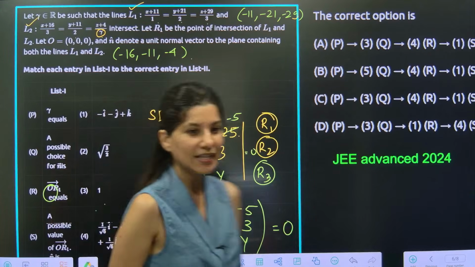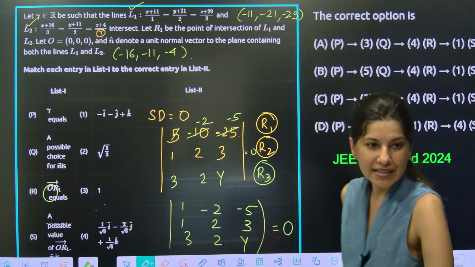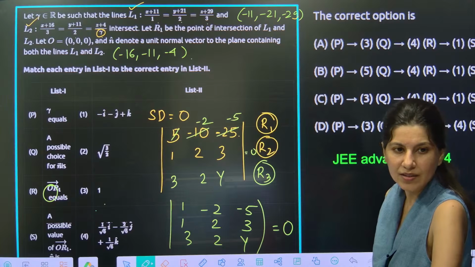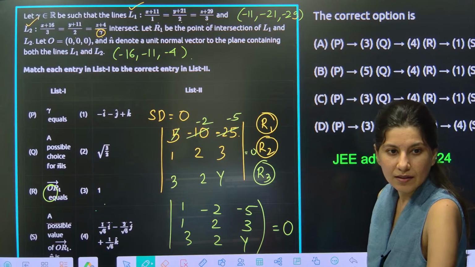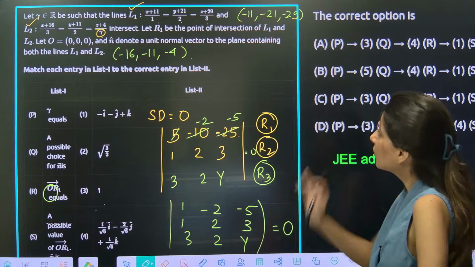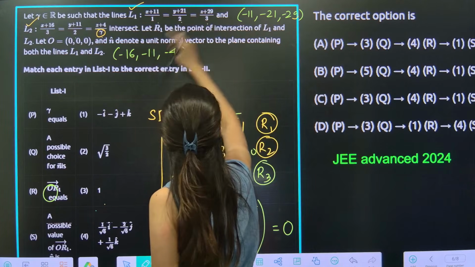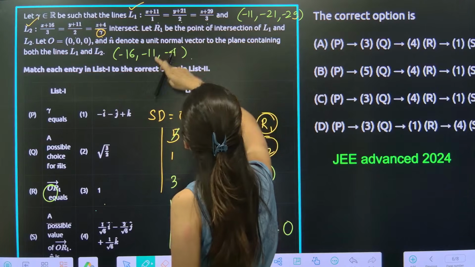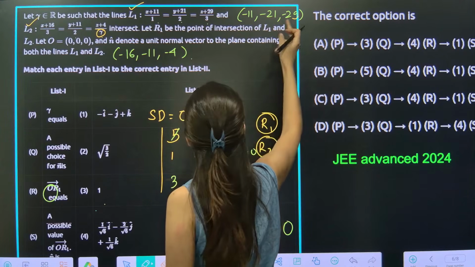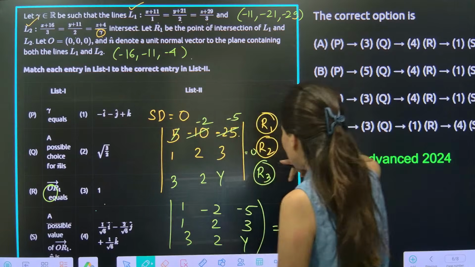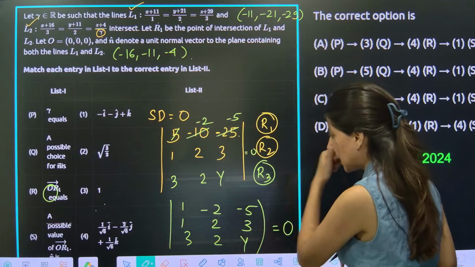Open it. Can anybody help me? Minus 11 minus 16, so it should be 5, minus 21 plus 11 negative, minus 29 plus 4, minus 25, absolutely correct. So this is correct.